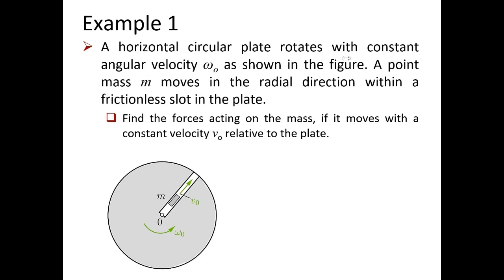At the same time, this problem says, now of course the constraint force is there, that is the normal reaction. In addition to that, this problem says find the force acting on the mass if it moves with a constant velocity v0. Now this one is moving away at a constant velocity. That is what it says.